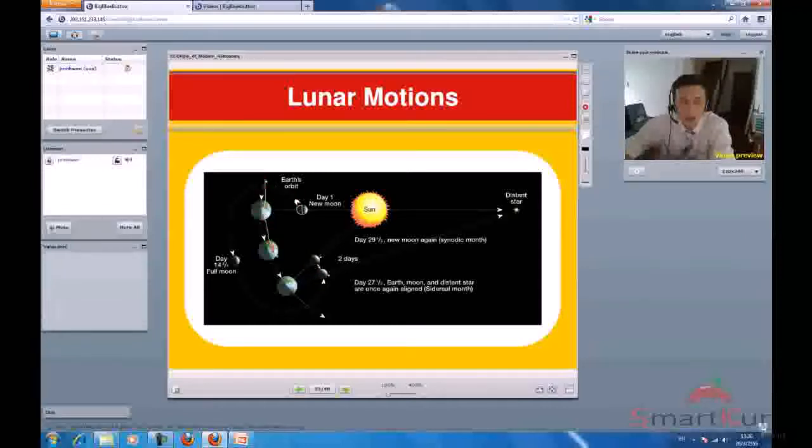The moon's period of rotation about its axis and its revolution around the Earth are the same, 27 1/3 days. It causes the same lunar hemisphere to always face the Earth. There's an illustration of that on slide 35.